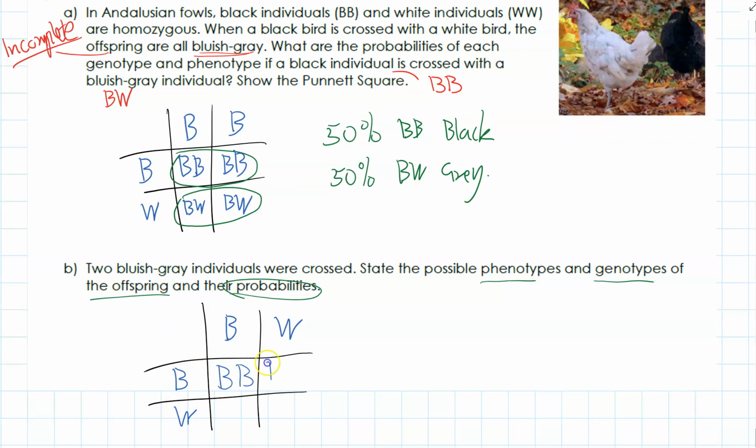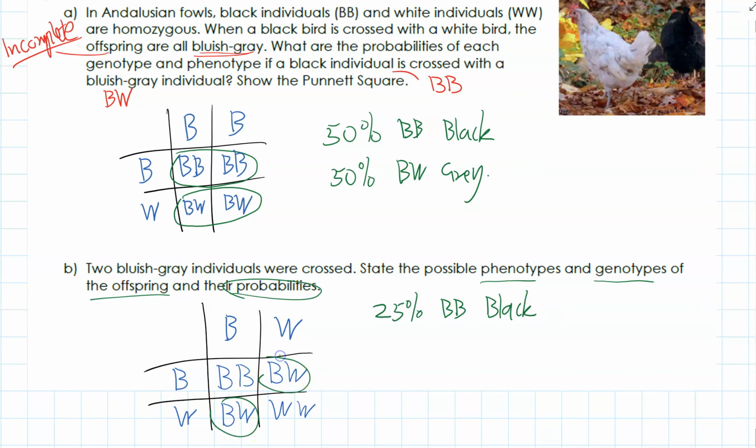And in this case, we're going to have three possible genotypes and three phenotypes. Okay, so the first one, a quarter or 25% of the chickens are going to be BB, which is black.